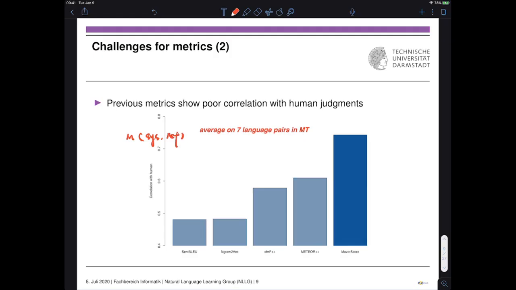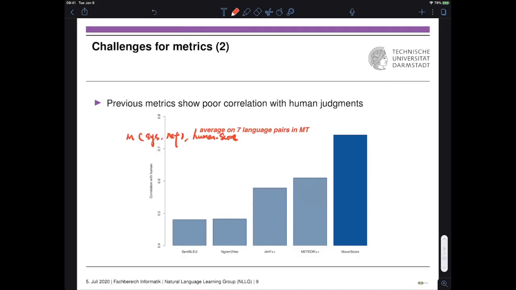And we also collect the human score which reflects the quality of these system translations. Then suppose we have many such pairs, we can compute the correlation between the metric M and the human scores, right? And this is exactly the setup where our results here come from.